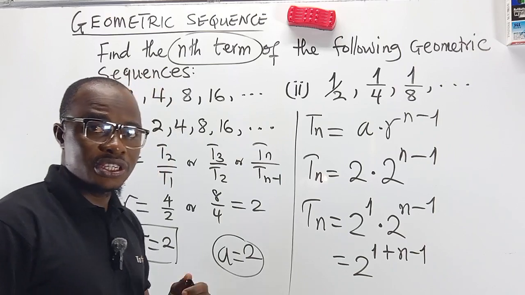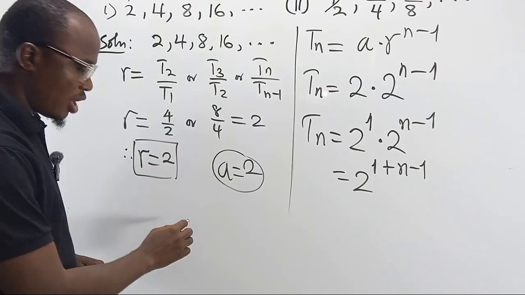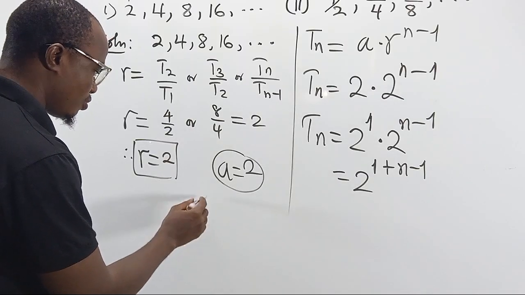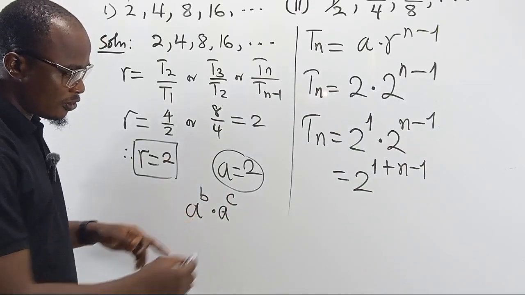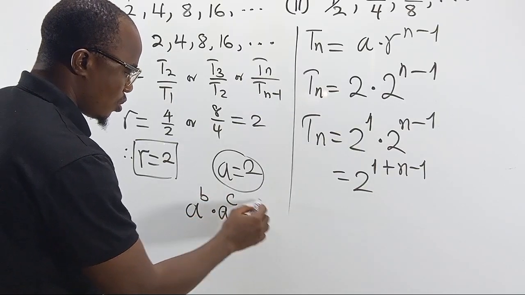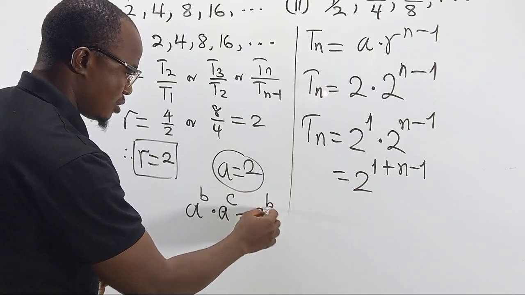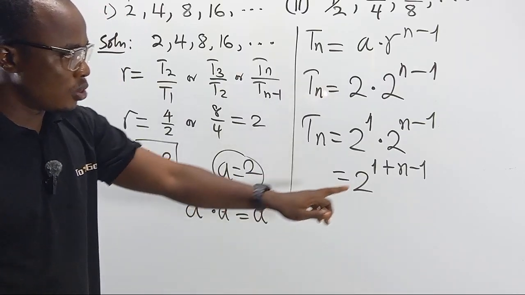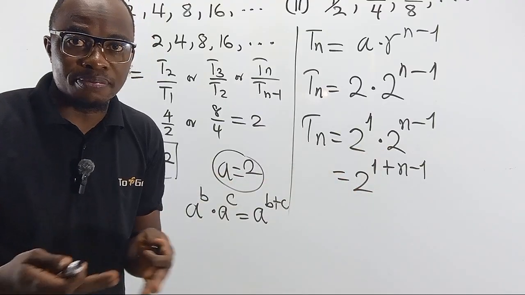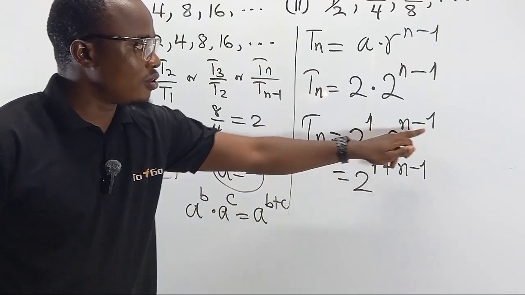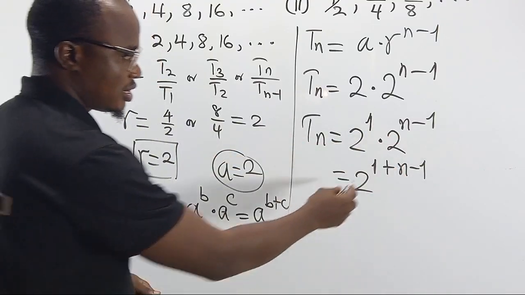If you remember the law of indices, when you have a to the power of b multiplying a to the power of c, the law says you are going to add the powers, that is b plus c. Since the bases are the same, you add the powers. That's what I did here.